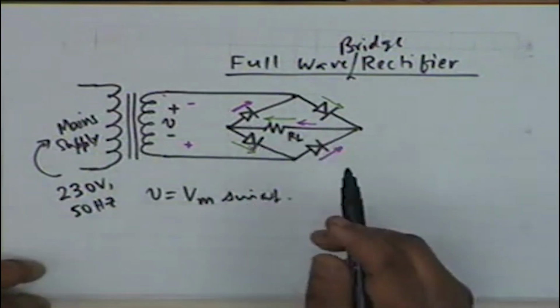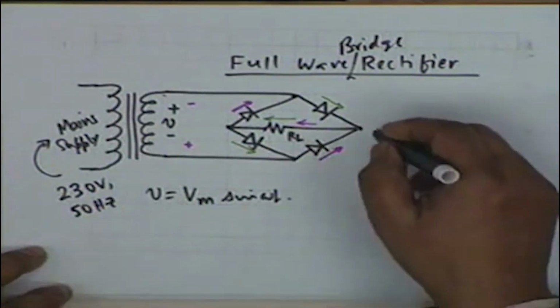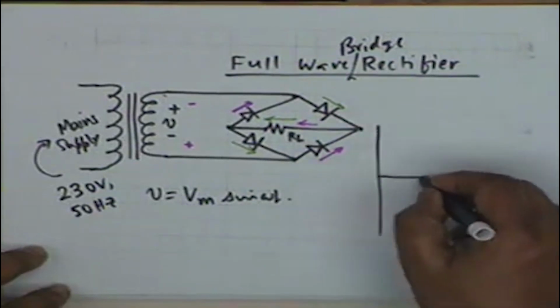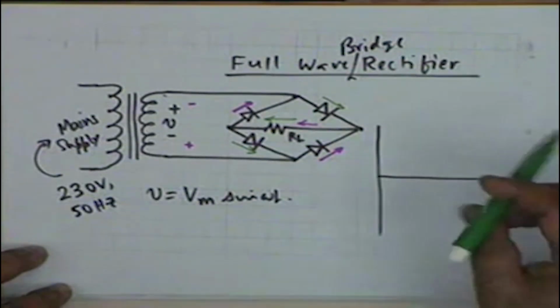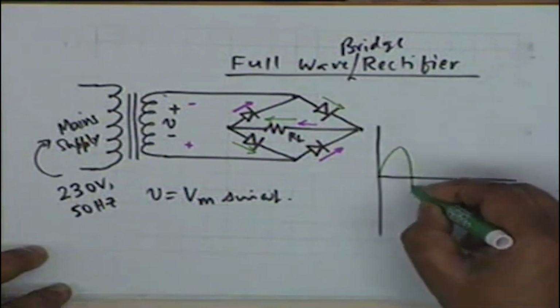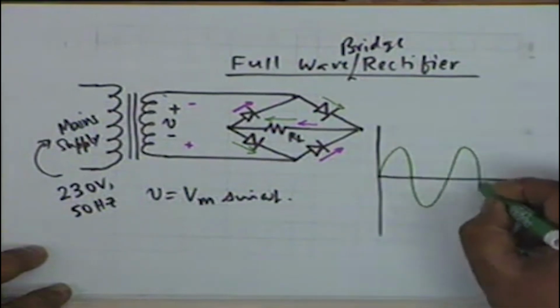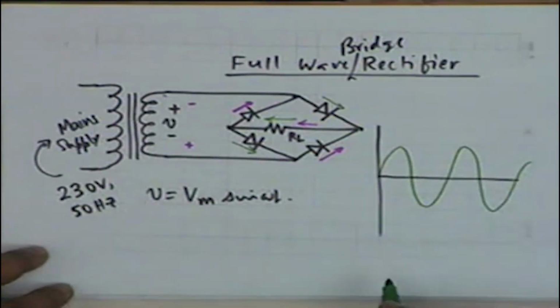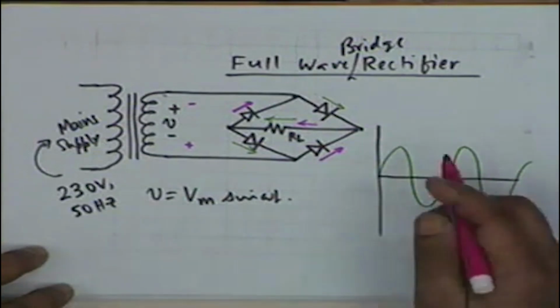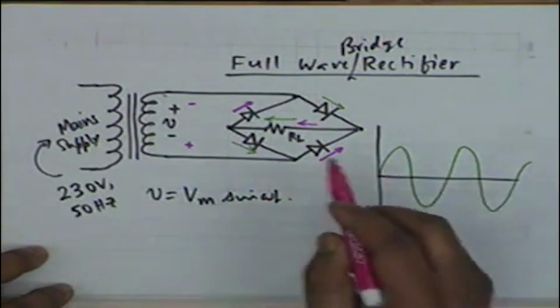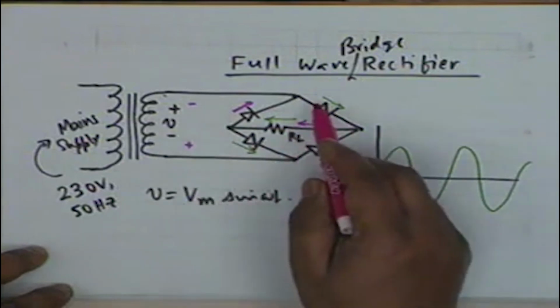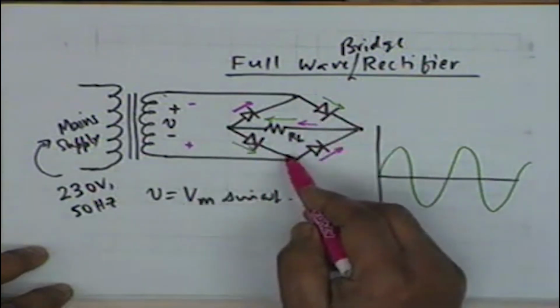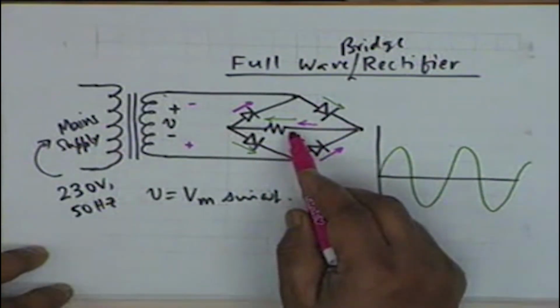in the same direction through RL, and therefore if my voltage waveform is like this, then the current waveform, if the diodes are ideal, shall be determined only by RL.